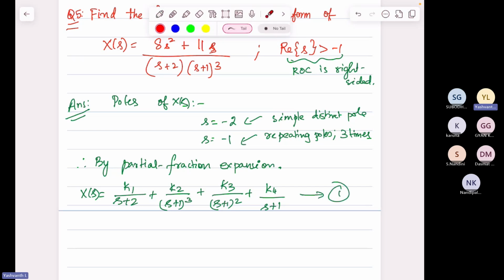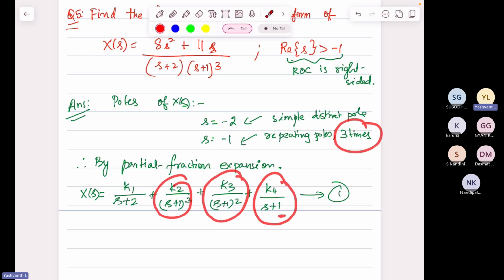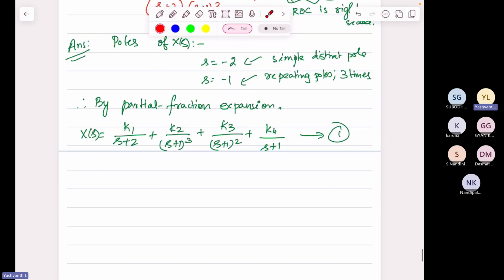Right? Why did I write 3 terms? Because it is repeating 3 times, so I will have all the orders from 1 to 3. Now what remains to be found is the values of k1, k2, k3, k4. We'll find that first. The value of k1 is simple because it's a simple pole. k1 is nothing but X(s) into (s plus 2) at s equal to minus 2.